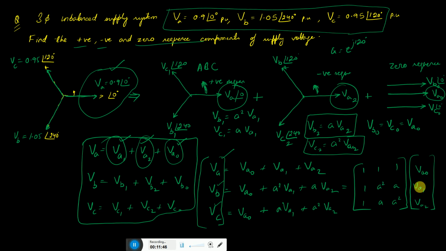So if this is a matrix, we can also get VA0, VA1 and VA2 in terms of VA, VB, VC, just by doing the inverse of it. And if we do the inverse, what are we going to get?